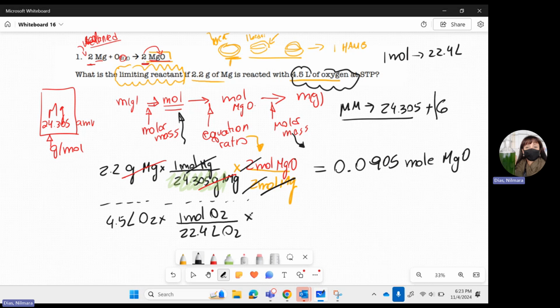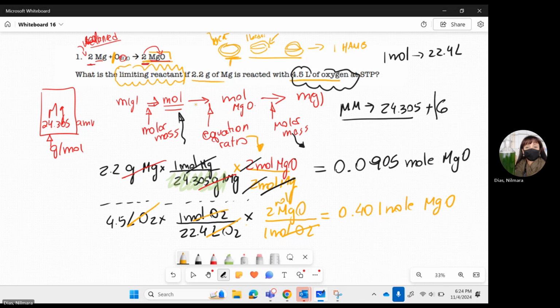Now I need the mole ratio. I know that 1 mole of oxygen will produce 2 moles of magnesium oxide. And now you cancel liters with liters, and you're going to have moles of magnesium oxide. Here you have 0.0401 moles of magnesium oxide.